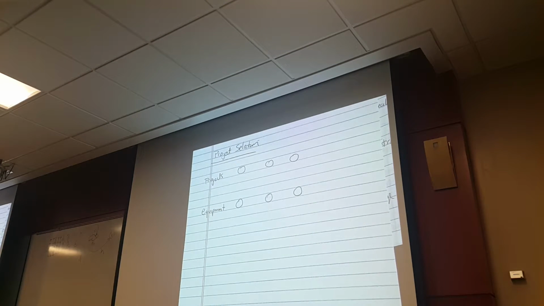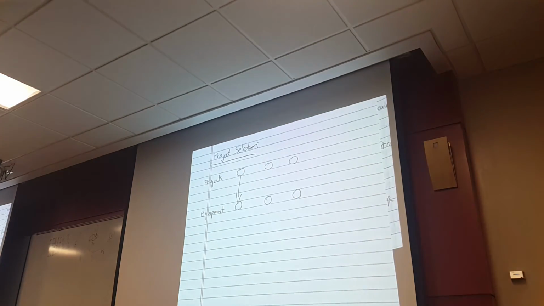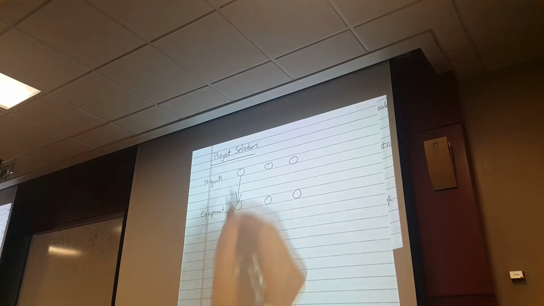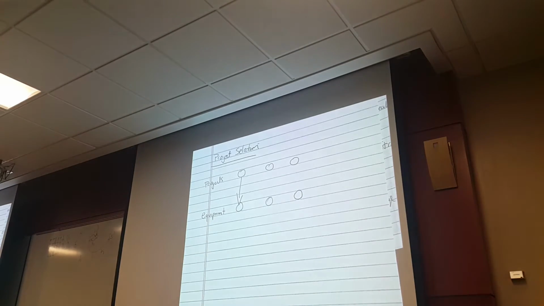The point is, you're going to make money with the projects, but you're going to have to pay money to get the equipment. And then you have these edges that indicate that to do this project, you need this piece of equipment.